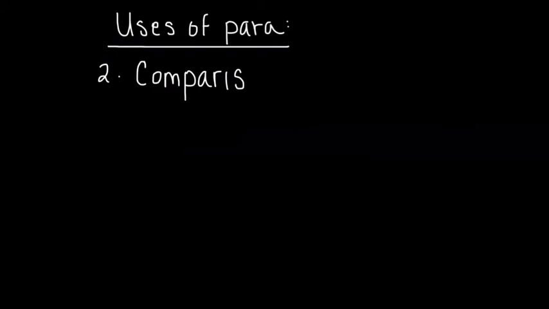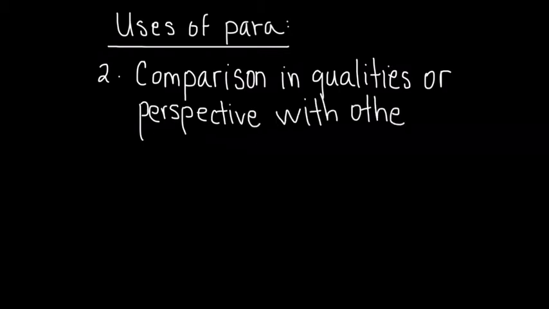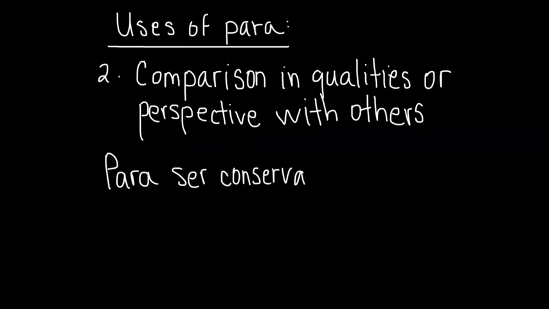So the second use of the word para is when we want to make comparisons in qualities or perspectives with others, whether these comparisons are stated or implicit. So for example, para ser conservador, tenía la mente abierta.